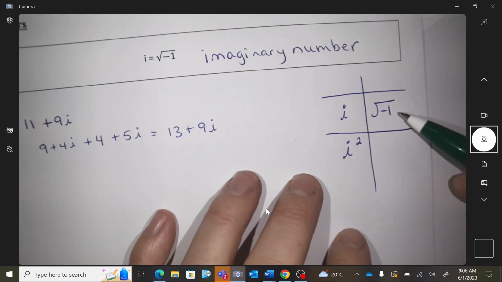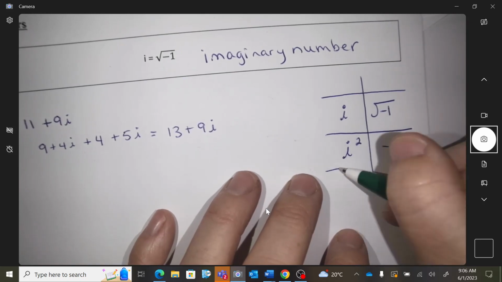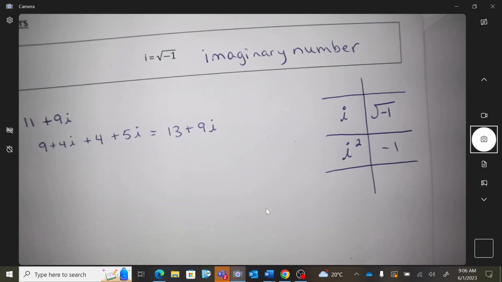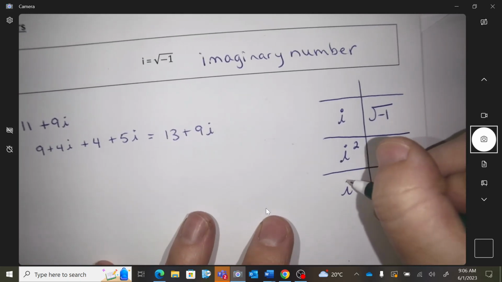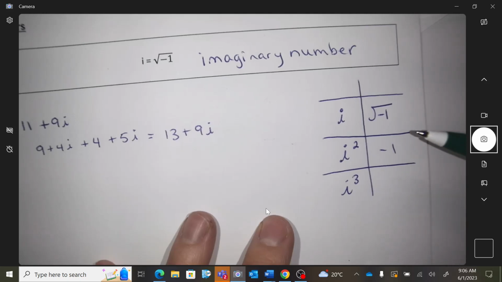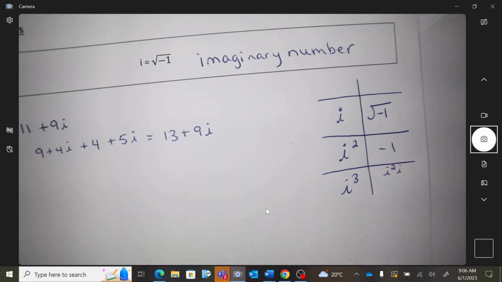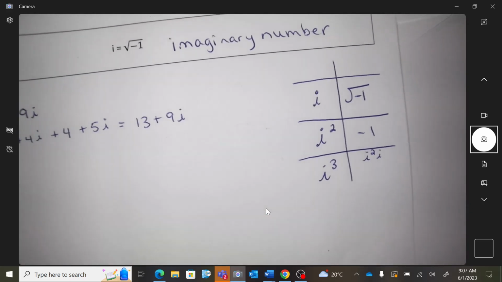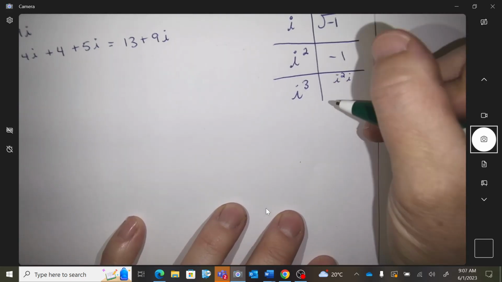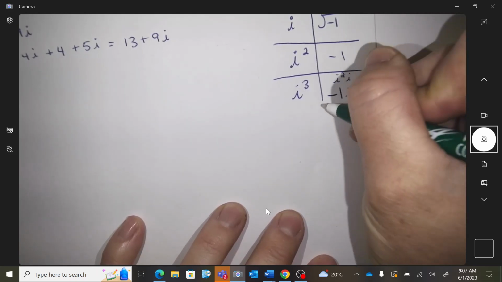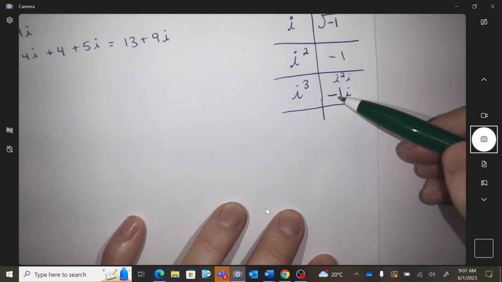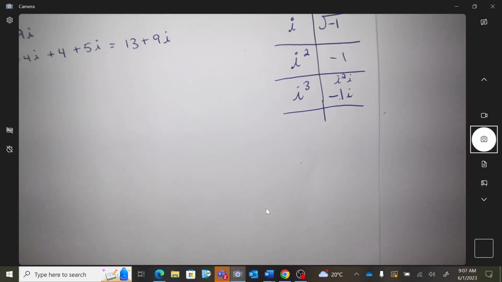If you squared that, you would get -1, because the squaring of the square root would just cancel off. i cubed would be i squared times an i, which would be -1i, because i squared was -1 and then times it by another i.